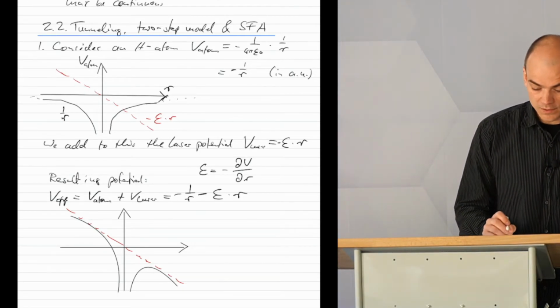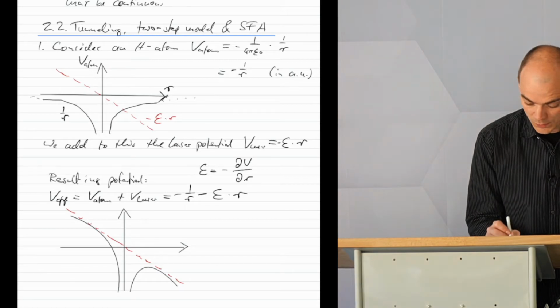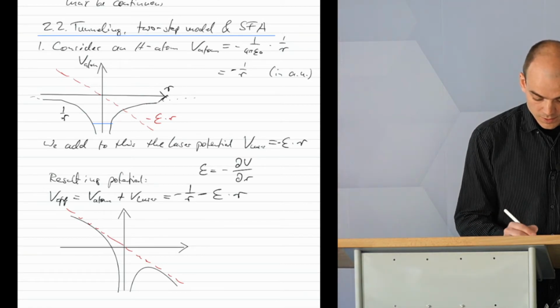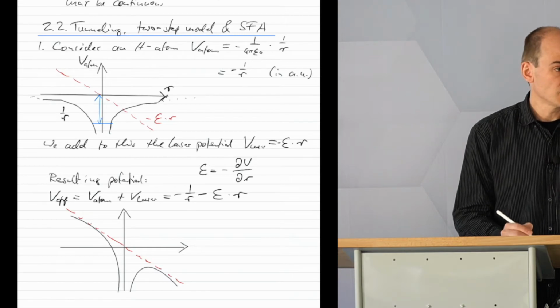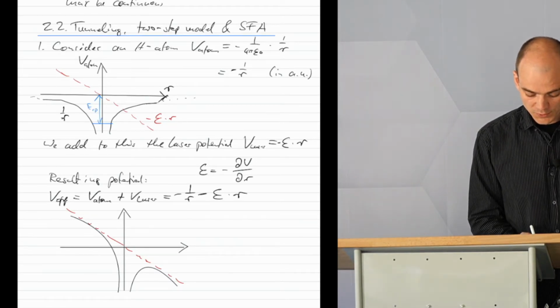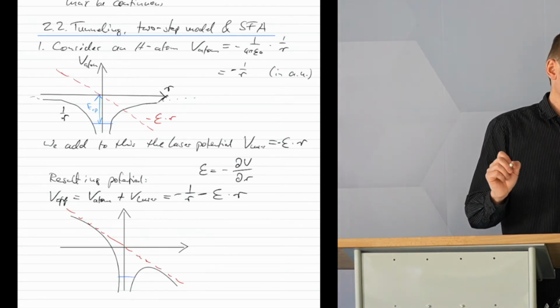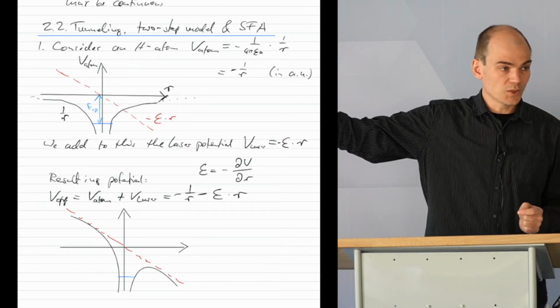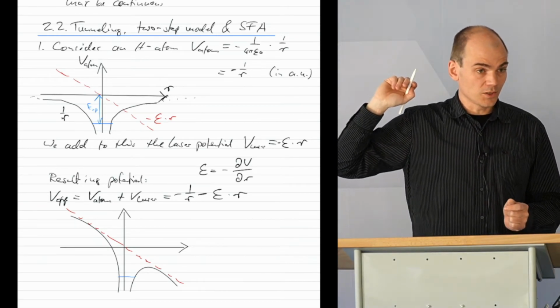Okay, and somewhere say here we have our ground state, and this energy here would be the binding energy of the electron. Yes, this would be Ip, and of course this state still exists here. It's somewhat distorted because the effective potential is distorted.